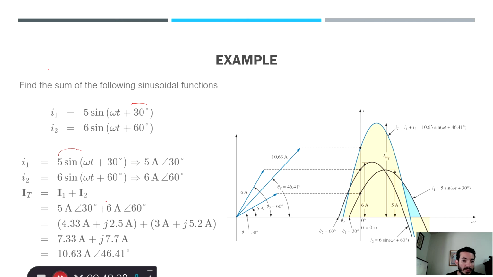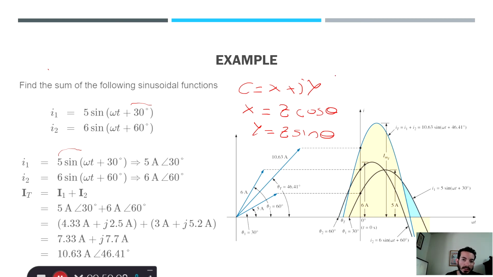Now, in polar coordinates, it's very easy to multiply and divide, but in rectangular coordinates it is much easier to add and subtract. So to add them, let's go back to the rectangular coordinate system, and you know that a complex number is x plus jy, where x equals z cosine theta, y equals z sine theta.